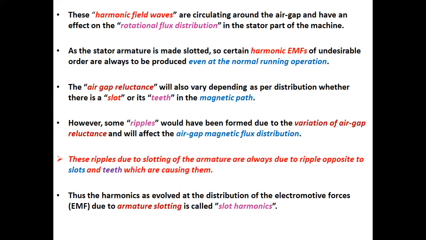Some ripples are formed due to the variation of air gap reluctance and will affect the air gap magnetic flux distribution. These ripples due to slotting of the armature are opposite to the slots and teeth which are causing them. Thus, the harmonics evolved in the distribution of the electromotive forces due to armature slotting are called slot harmonics.